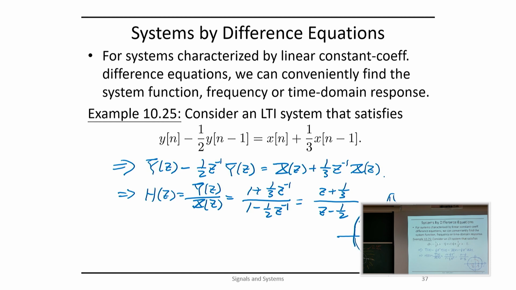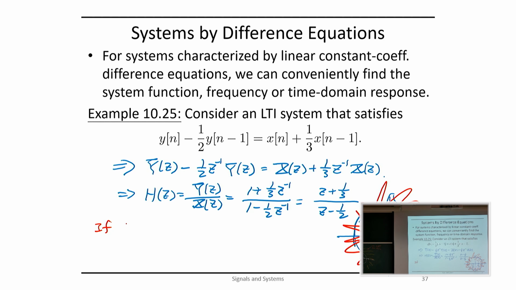Suppose that the system is causal. Then it would be outside this 1/2.